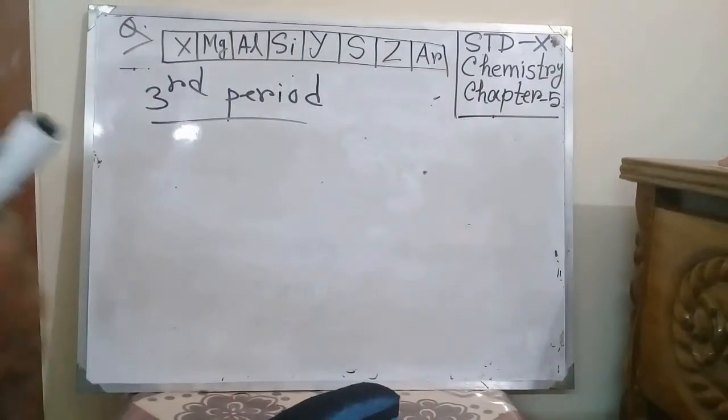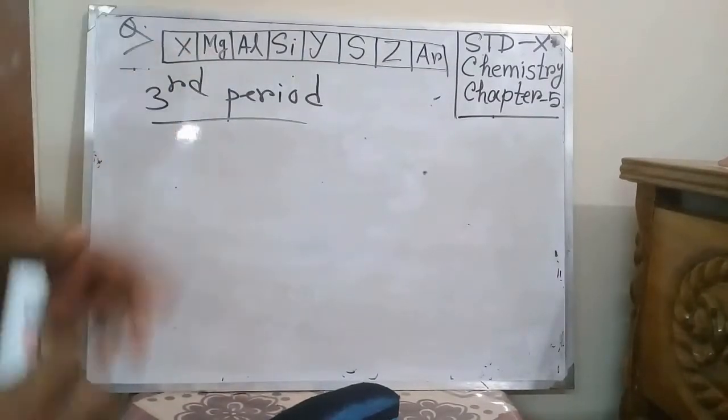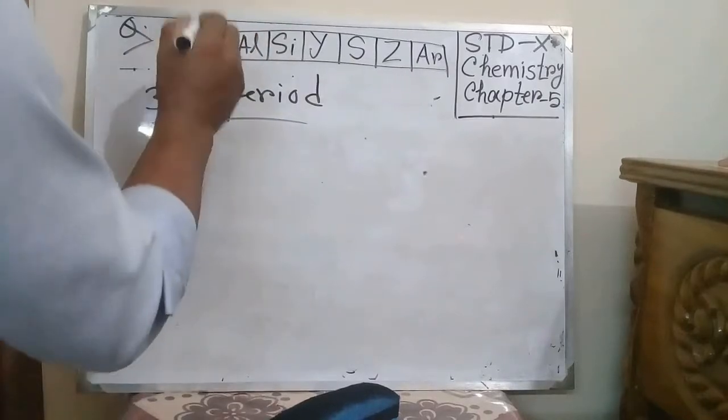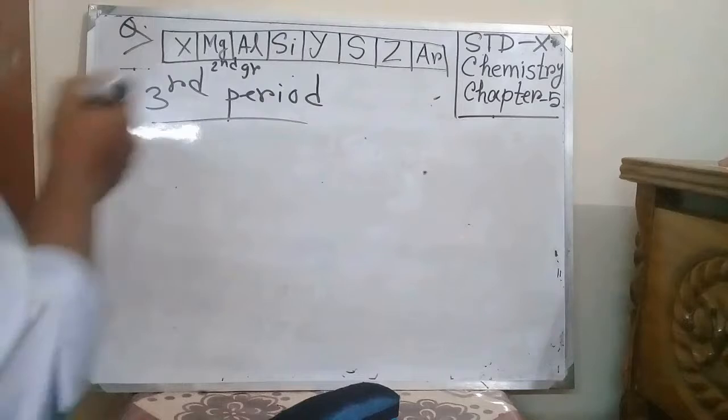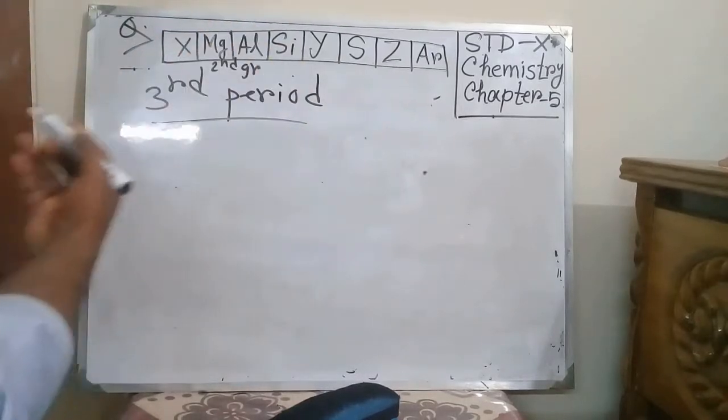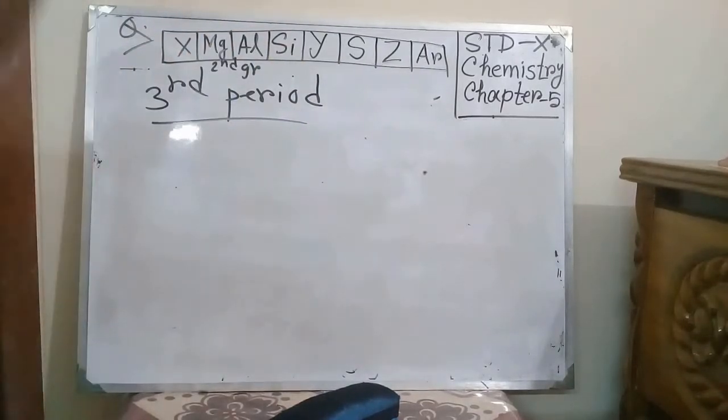Magnesium of course is the element of the second group, then aluminium, silicon, Y is just a symbol, not a regular symbol, and S is sulfur, and Z then argon.